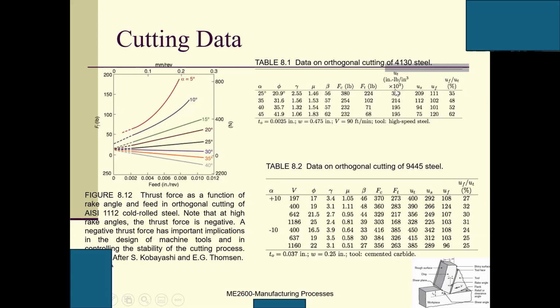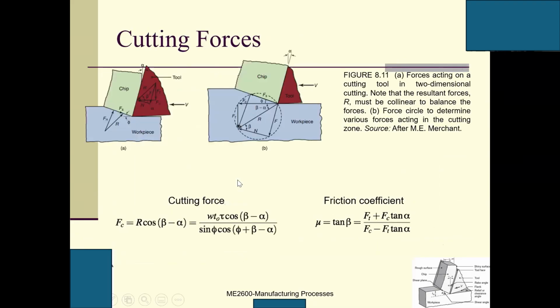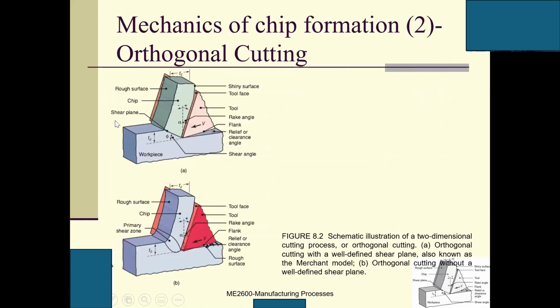Fc and Ft, and also this is Ut, the total specific energy. W is the width, and t0 is the uncut chip thickness. W is the width of your workpiece, from here to here.